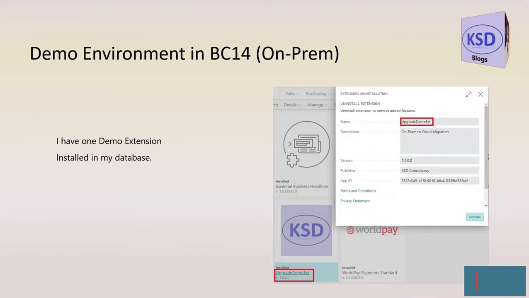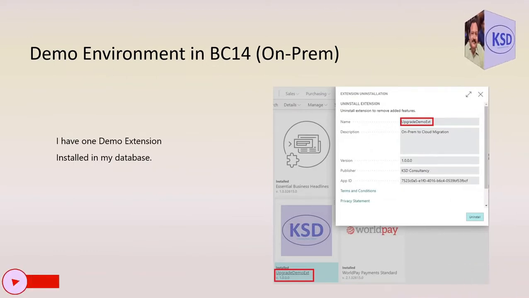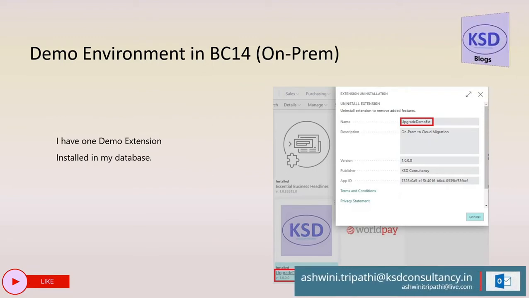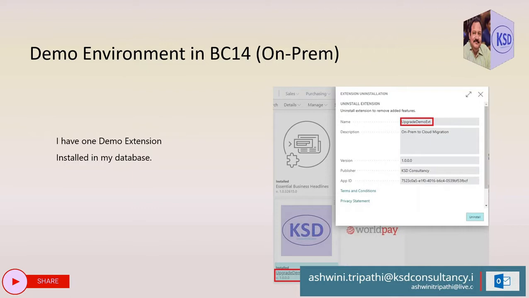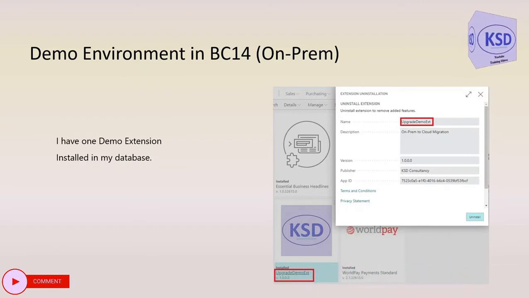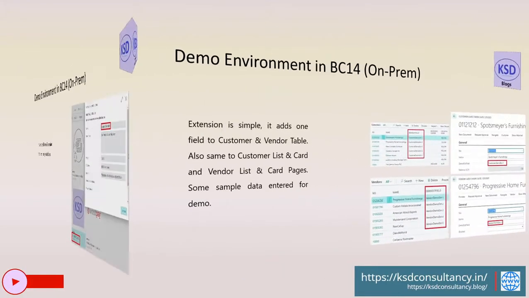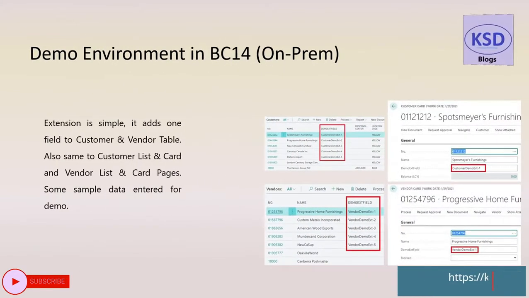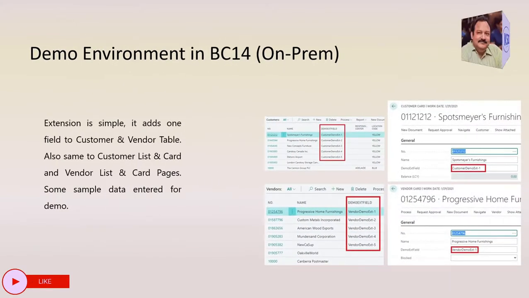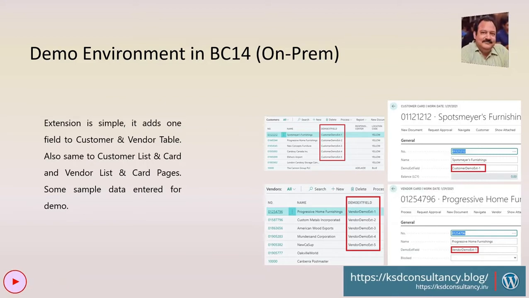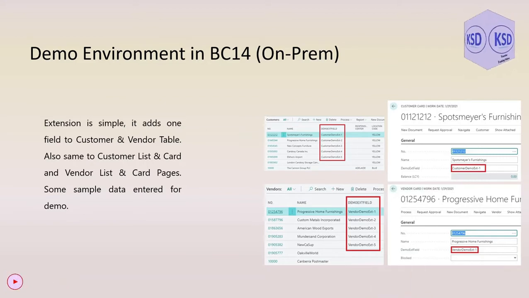In this database, I have one extension. I have just created one sample extension to show how the extension data is moved to your online system. This extension is quite simple, not having lots of things. It just has one field in customer and vendor, and accordingly that field is added to your customer list, customer card, vendor list, and vendor card.